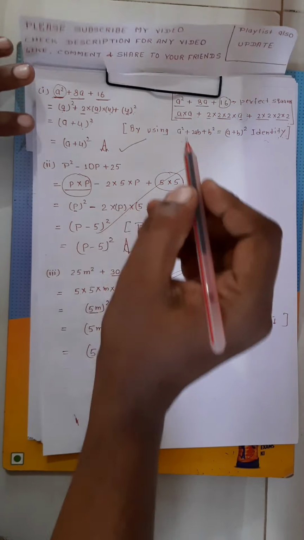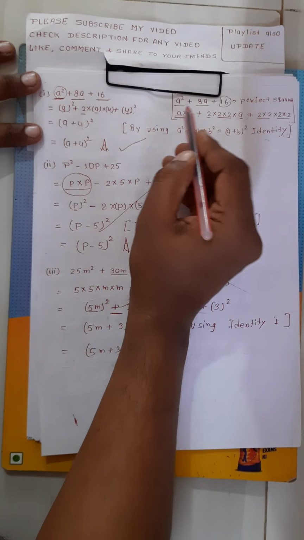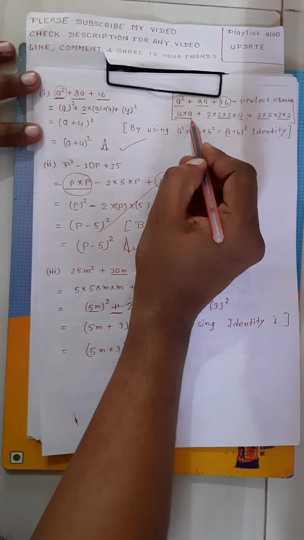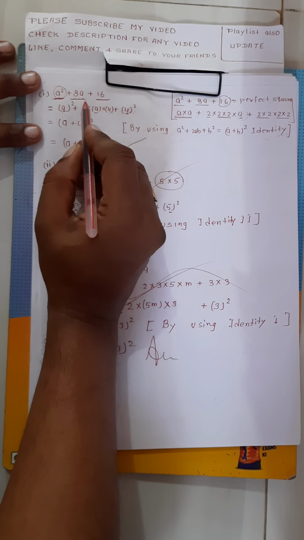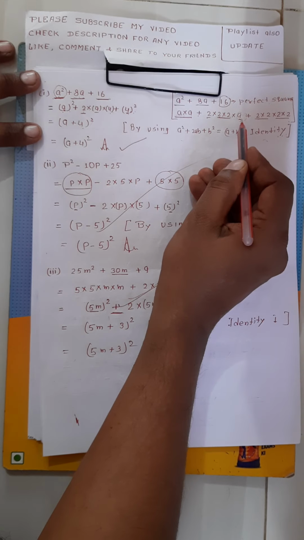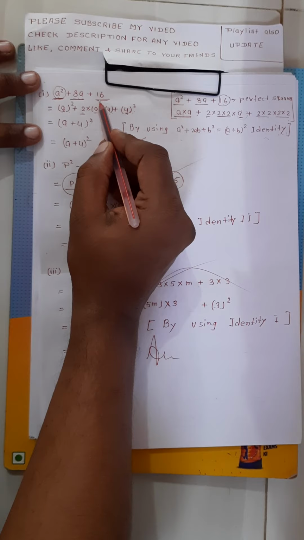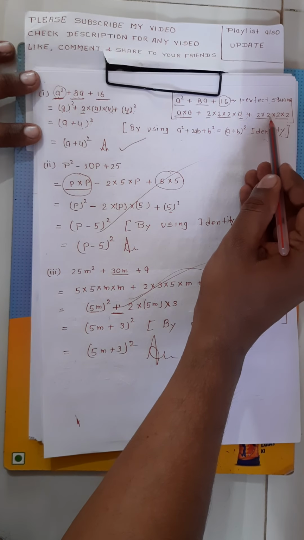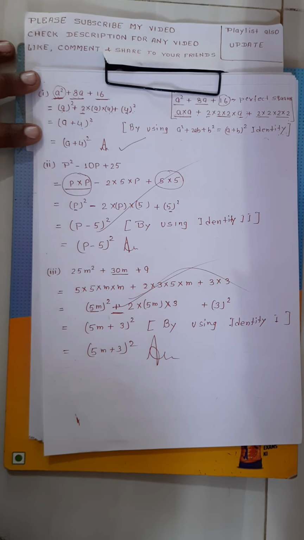So a square means a into a. 8a means 2 into 2 into 2 into a. And 16 means 2 into 2 into 2 into 2.